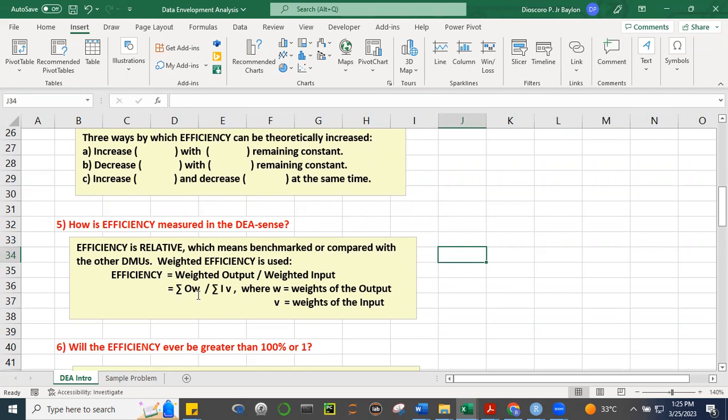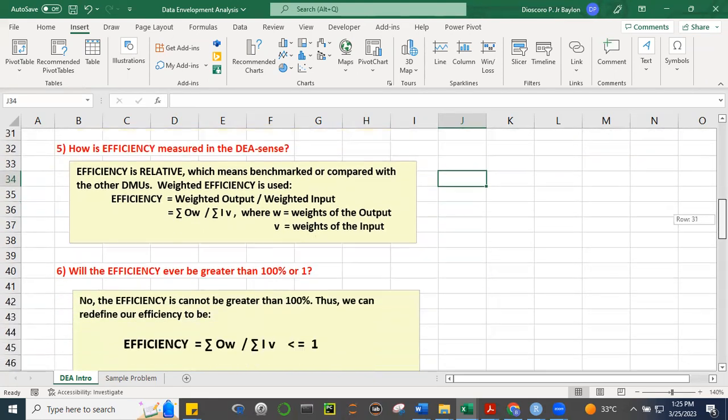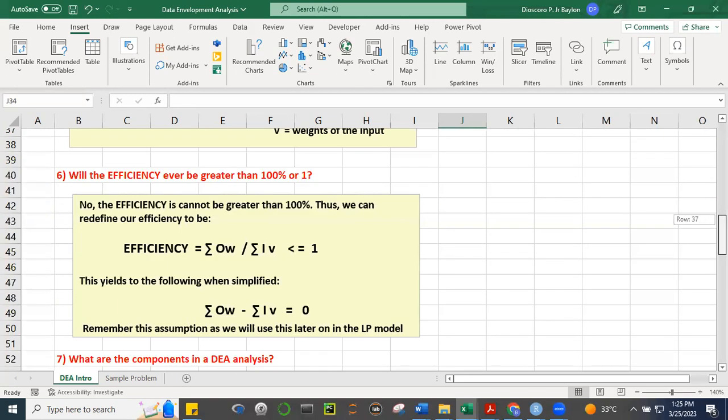Here, W is the weight for the output and V is the weight for the input. In order to optimize and solve this using Solver, there has to be a constraint: the efficiency should be bounded. We will not make efficiency greater than 100%. Efficiency will be defined as less than or equal to 100%.